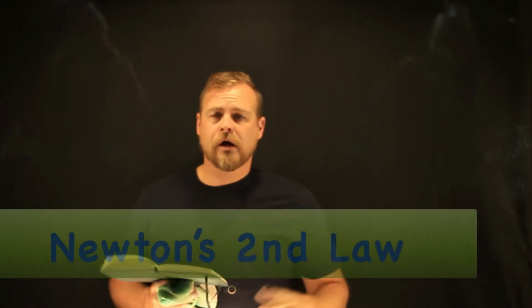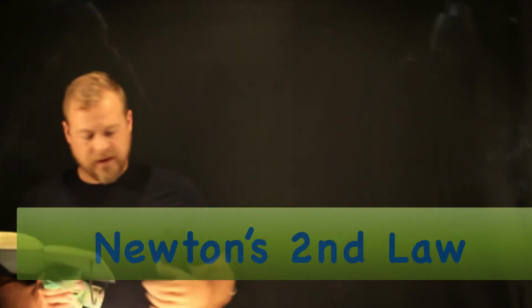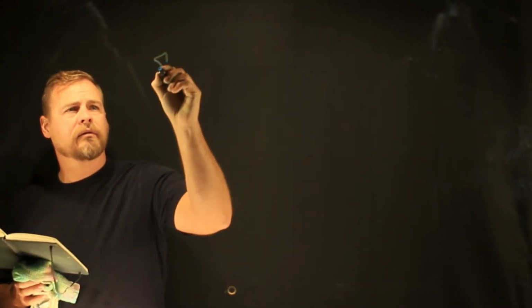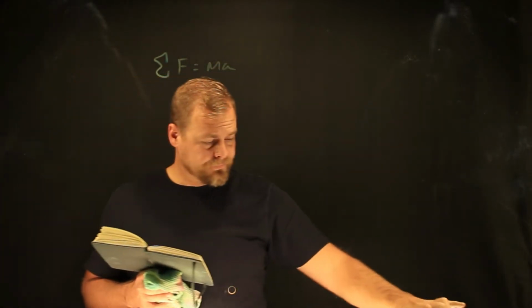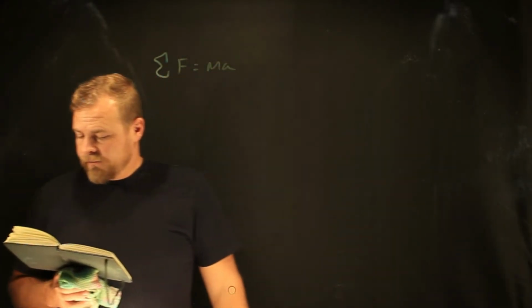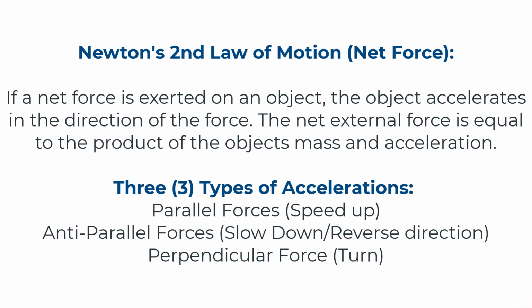Okay, Newton's second law we've already talked quite a bit about. That is very simply the net force is equal to the mass times acceleration. If a net force is exerted on an object, the object accelerates in the direction of the force. The net external force is equal to the product of the object's mass and acceleration.